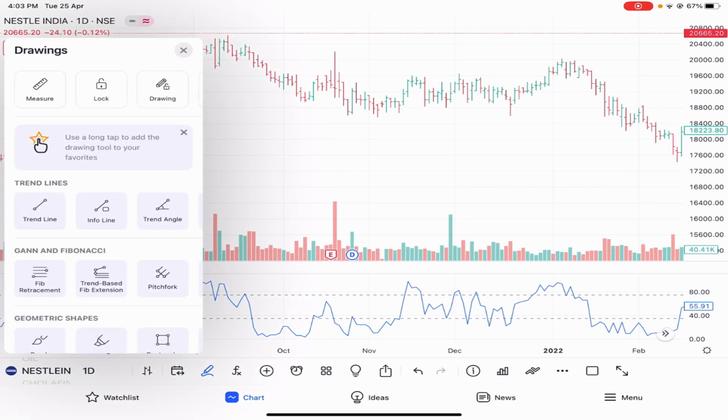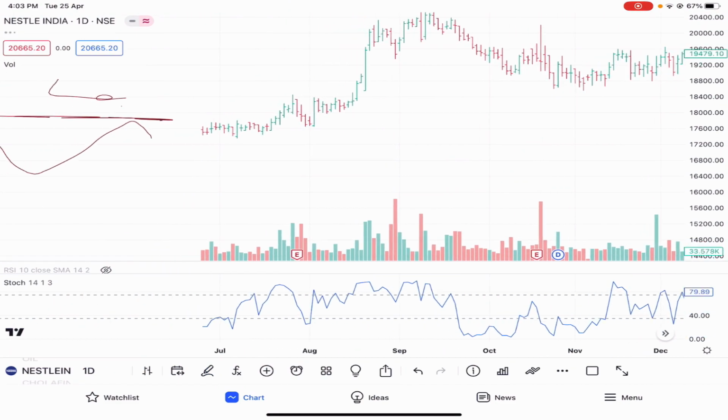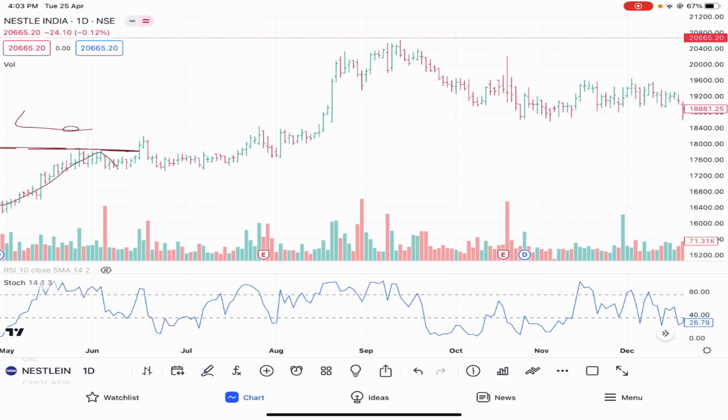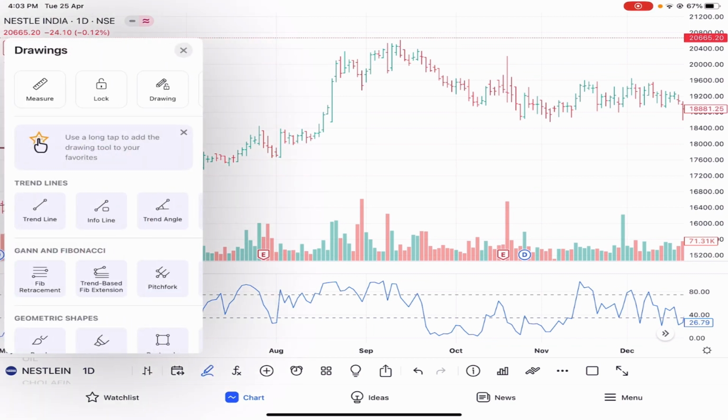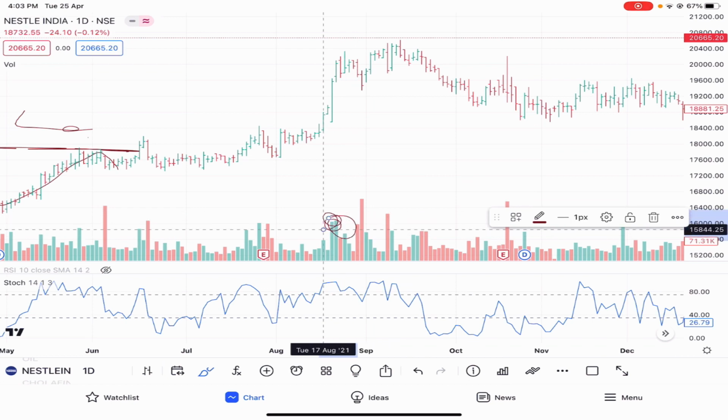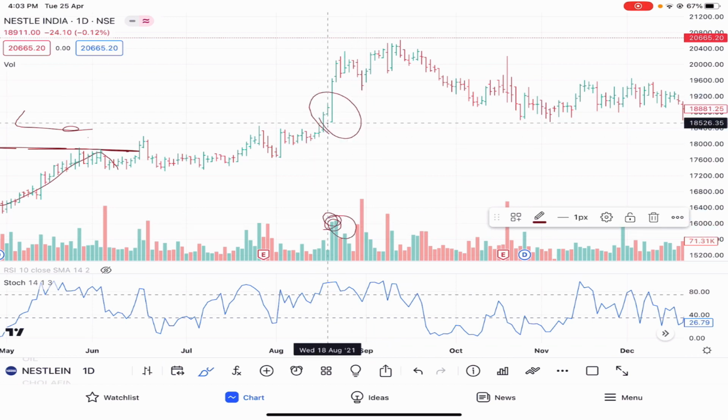Let's see more examples. Look at this green high volume candle. After this, the price pumped.